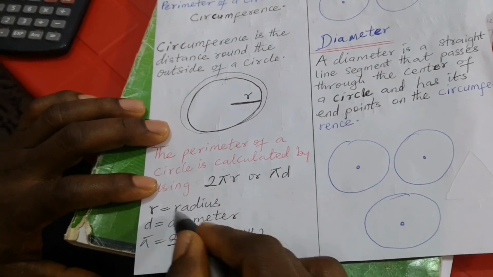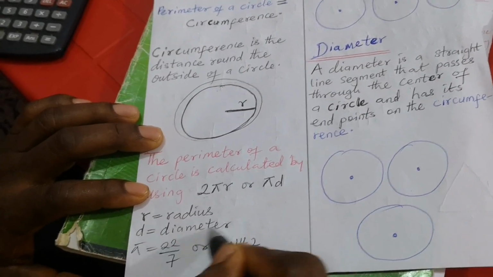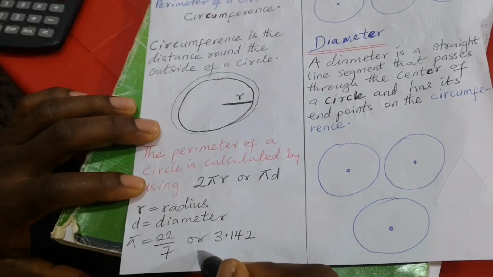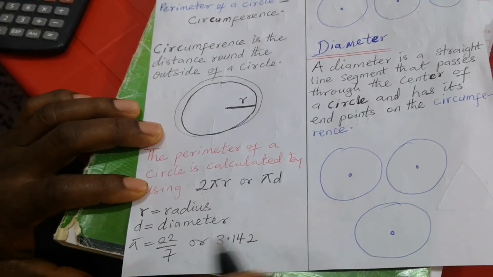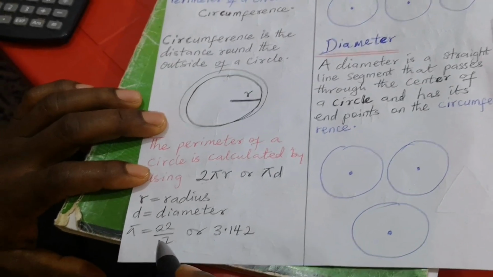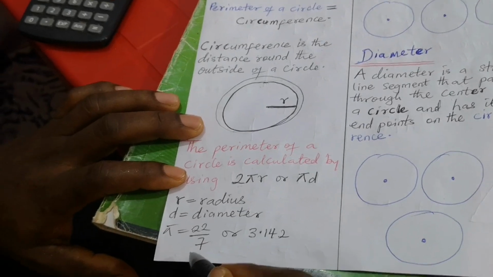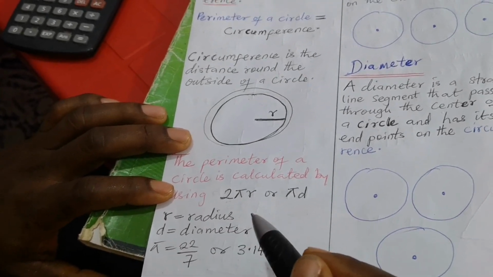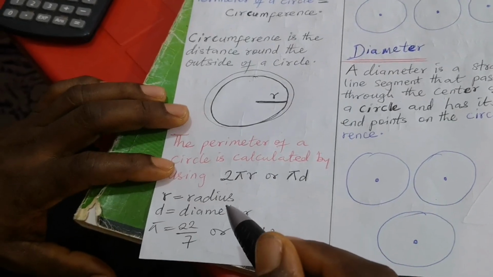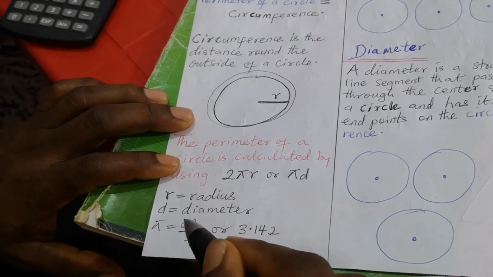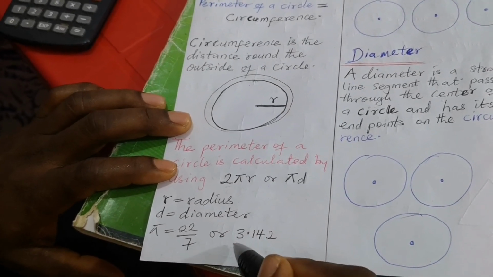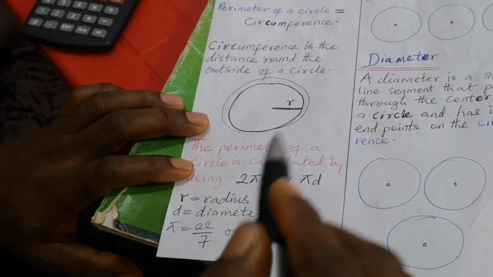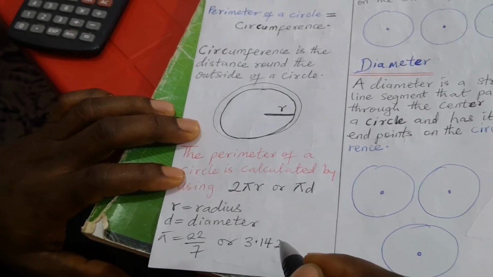This value of pi, you must memorize it for your exams or any calculation given to you by your teacher. They can ask you to use pi as 22 all over 7 or as 3.142. Whichever they ask you to use, that is the one you will use for your solving.